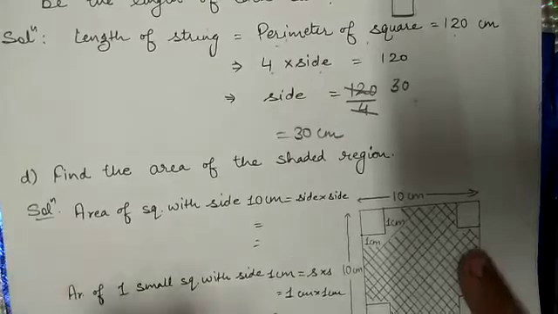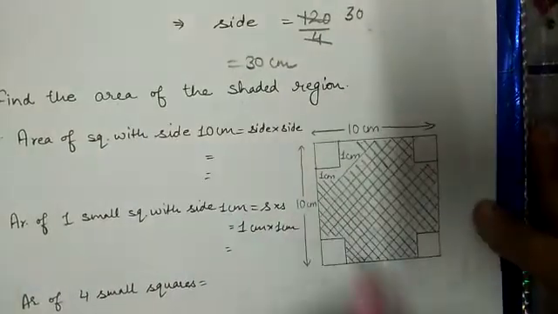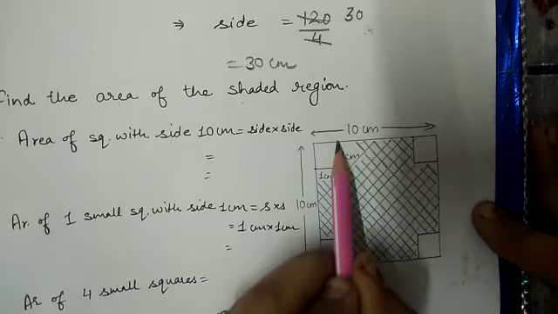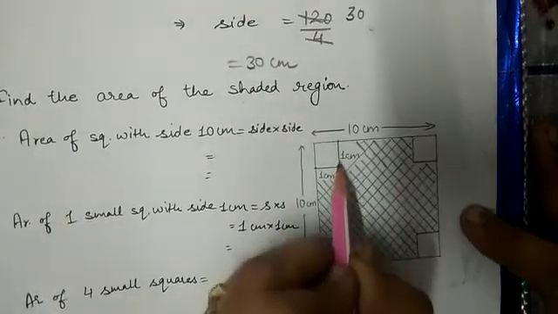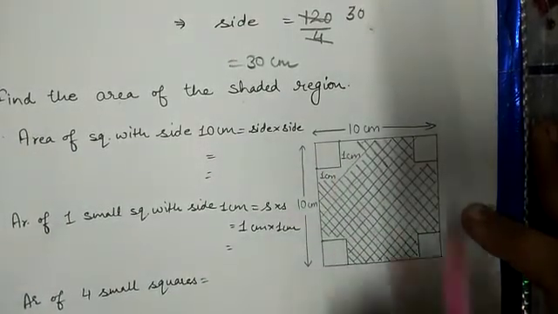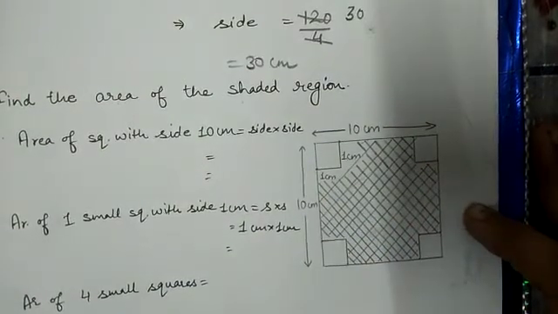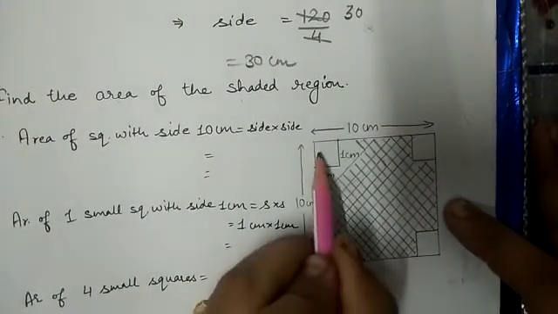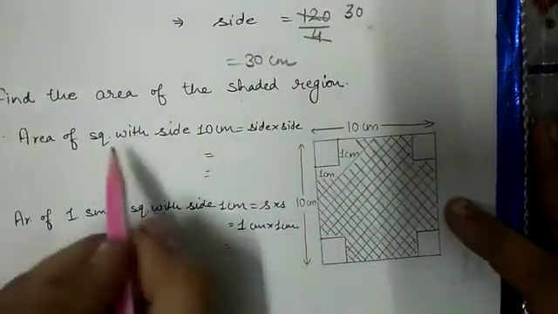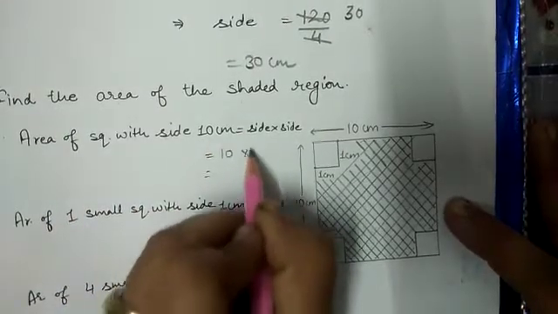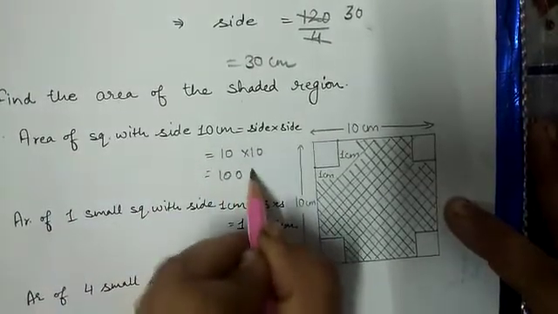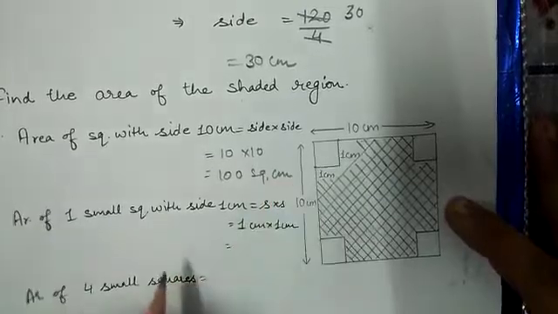Next question, we are to find the area of this shaded region. We are given a square of side 10 centimeter and we are to find the area of this part. On each corner there are squares of side 1 centimeter each. We will get the area of the square with side 10 centimeter. 10 into 10, it became 100 centimeter square.